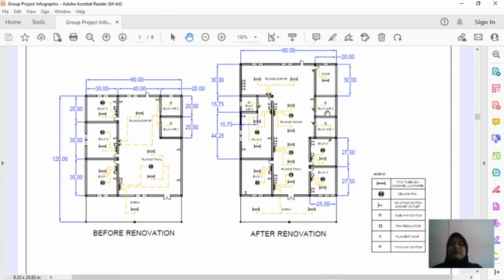Bilik air 2 is still the same, with 1 filament lamp connected with 1 switch for bilik air 2.